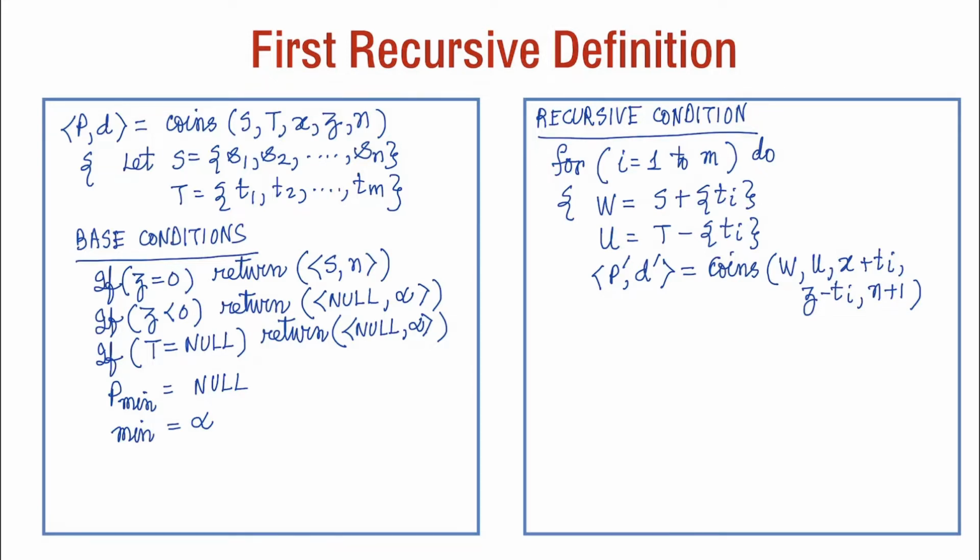And once we have done this inside the loop, what we will do is now check whether if D dashed is less than min, that means if we have improved, then we will set min equal to D dashed and update P min, where D dashed equals P dashed.